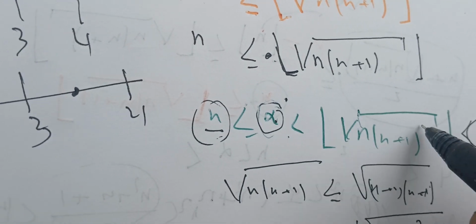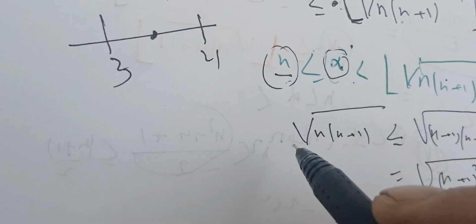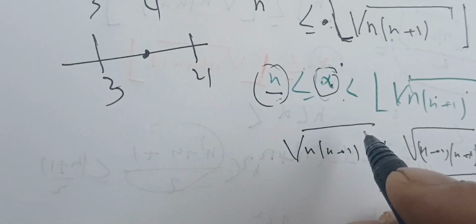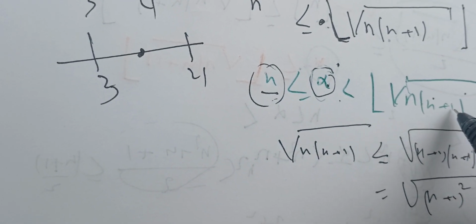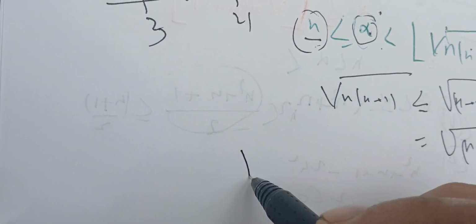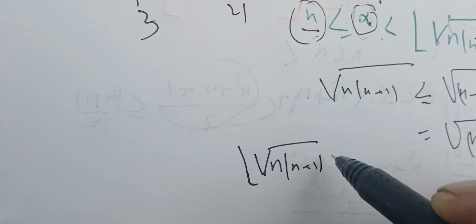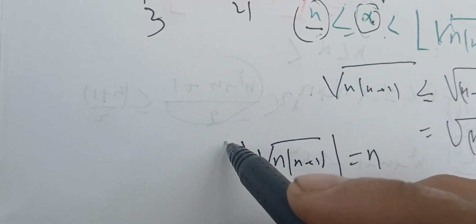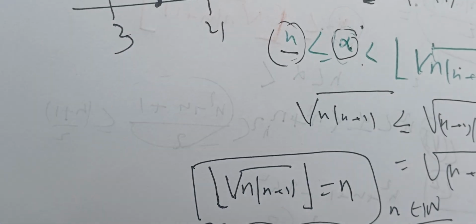This means that n is the smallest integer that's less than or equal to this value, so n is the floor of the square root of n times (n plus 1). So we can conclude that the floor of the square root of n times (n plus 1) is n, with n in the natural numbers.